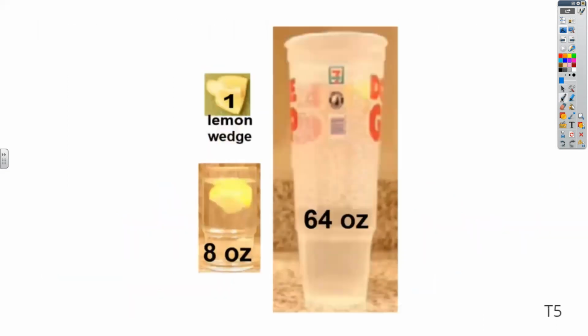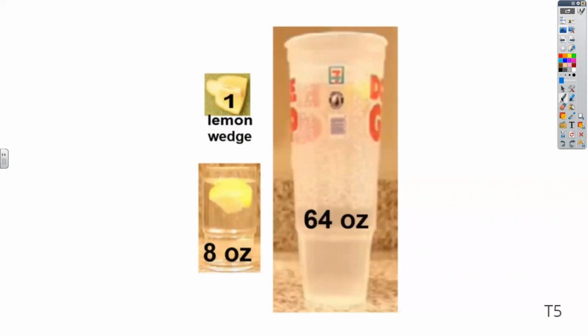Now, let's actually do some math. So if we're looking here, we know we've got 1 lemon wedge for 8 ounces of water. How did we get that 64-ounce cup of water to taste the exact same way that first cup tastes? Well, this is where that proportion comes in that I'm going to teach you, a ratio.